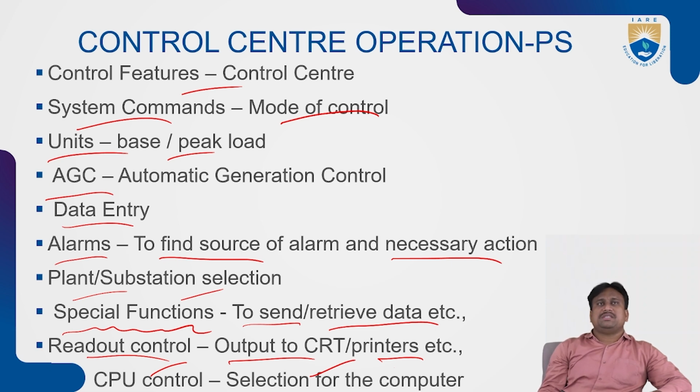So all these features, starting with the control center, commanding circuits, number of units based on peak loads, AGC aspects, data entry sheets, alerting cases, substation levels, functionalities, and control operations, make the system suitable to operate under various disturbed conditions. All these cumulatively work suitably for the location at the given case.